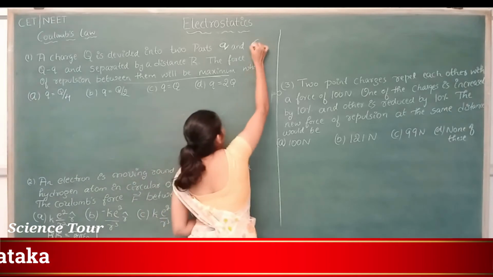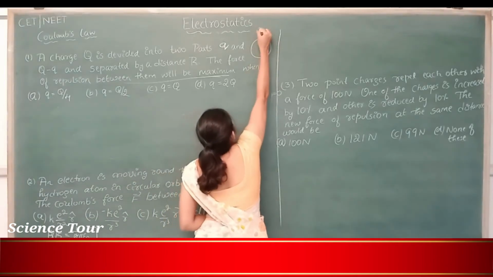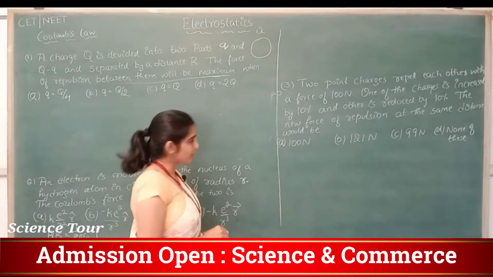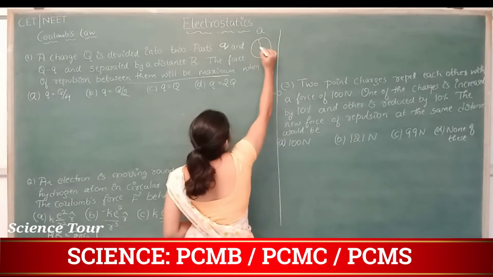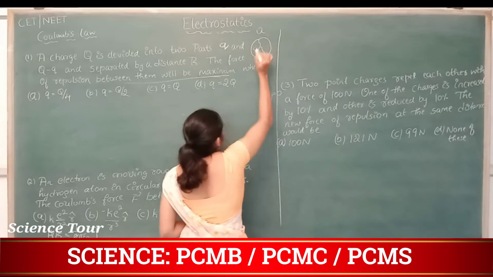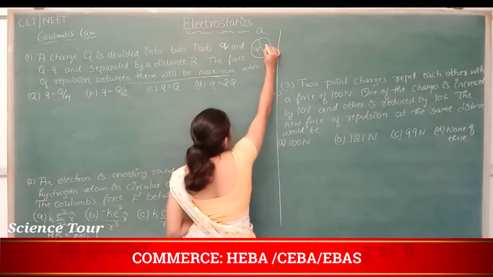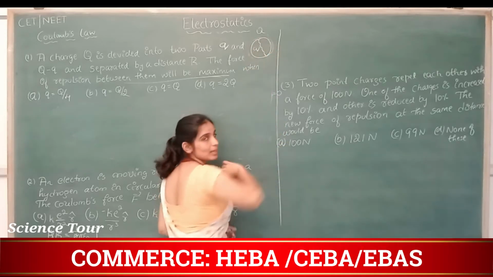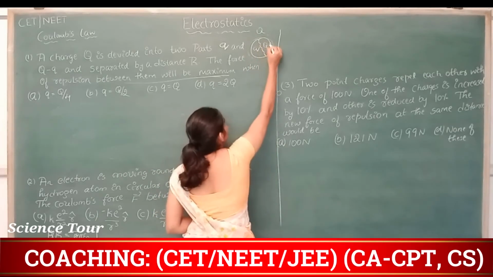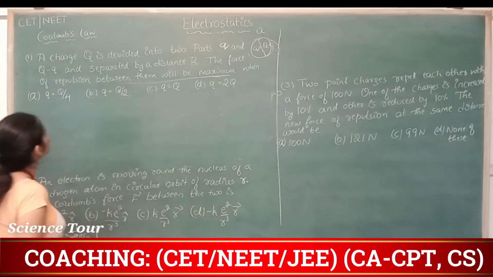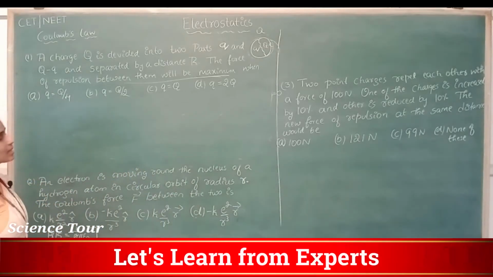So there is one charge here, that is Q. It is divided into two parts. The charge of this part is small letter q. Then what will be the charge of this part? Whole is capital Q, then the charge of this should be Q minus q. Correct? Okay. They are separated by distance r.